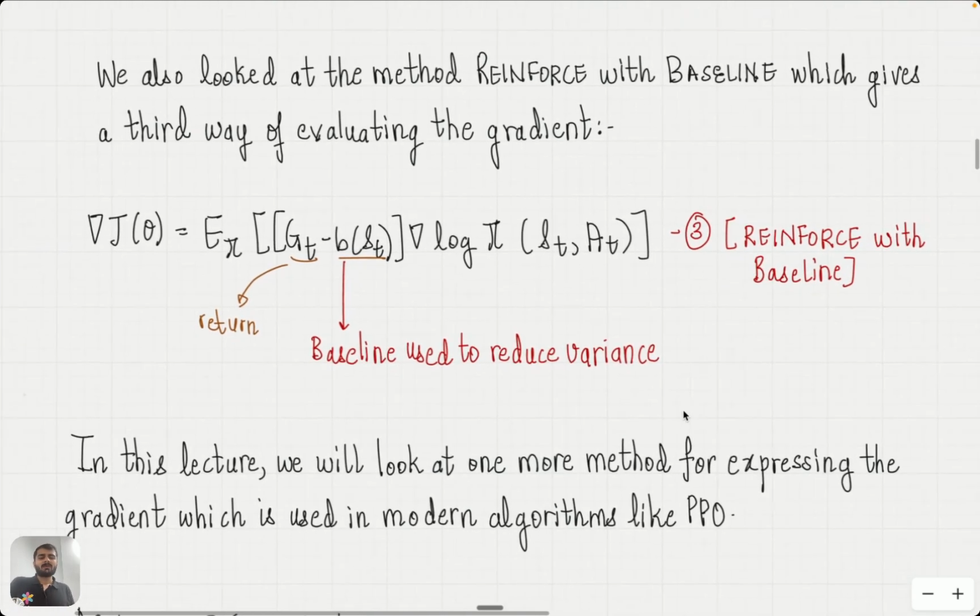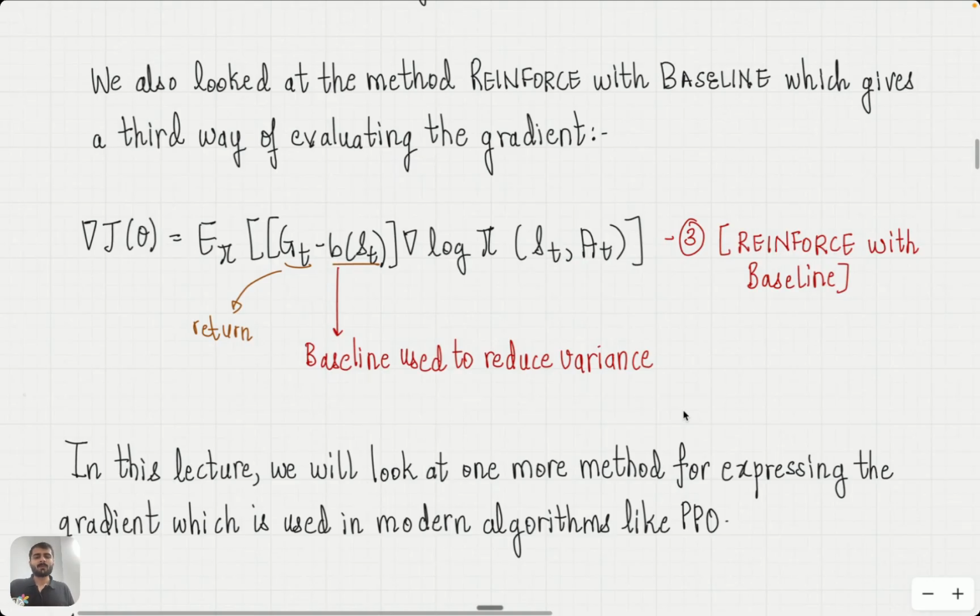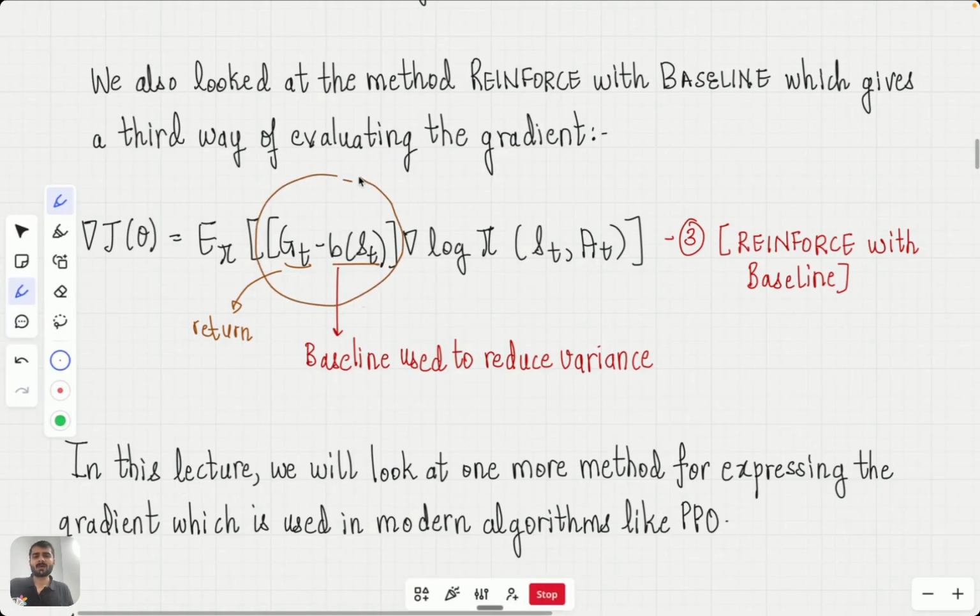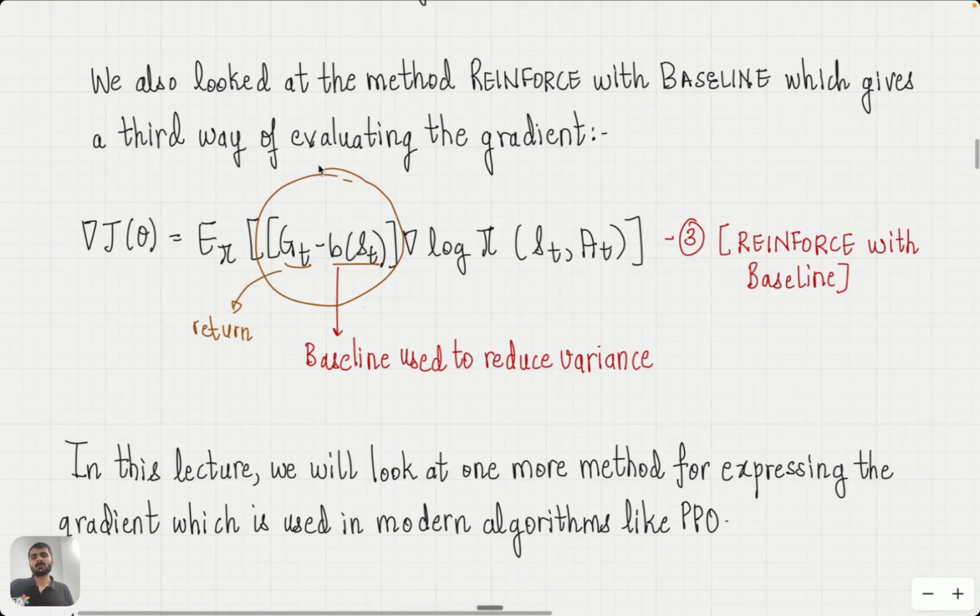Now, in this lecture, we will look at one more method which is used for expressing the gradient, and we will replace this term with something else altogether. We do that because it offers a computational advantage over these three terms which we looked at, and it is the most common implementation in modern algorithms like PPO, which is used in reinforcement learning with human feedback.